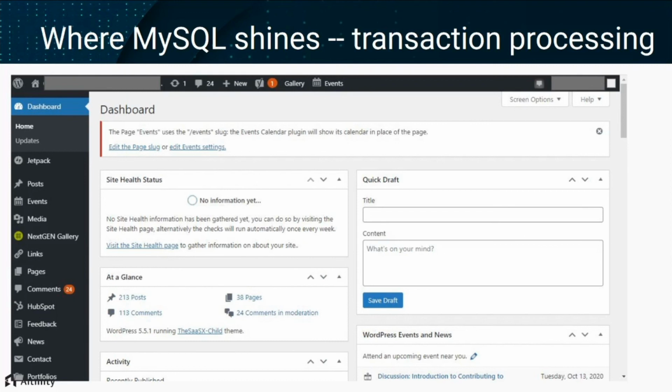This is WordPress, the killer app for MySQL. It has a huge number of tables, lots of things linked to each other. You may have many people accessing at once, getting small amounts of data to feed pages. MySQL is wonderful for this. This is what it was built for and is still one of the cases where MySQL is a great solution.